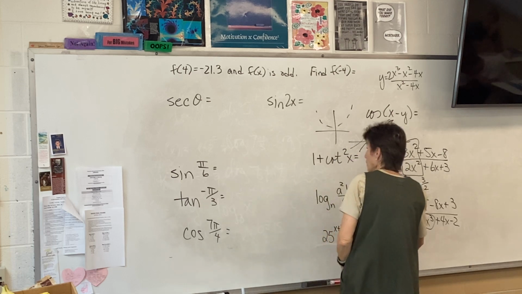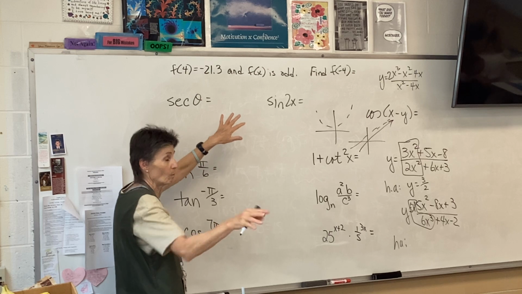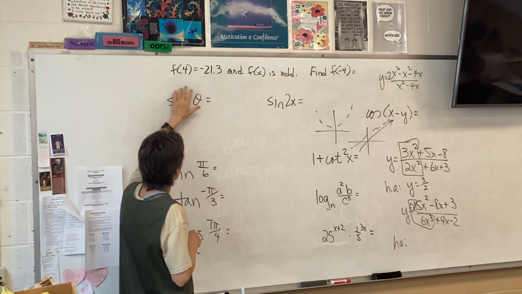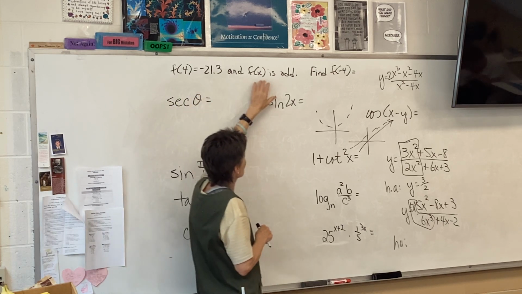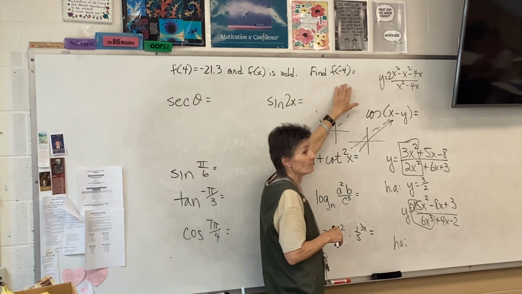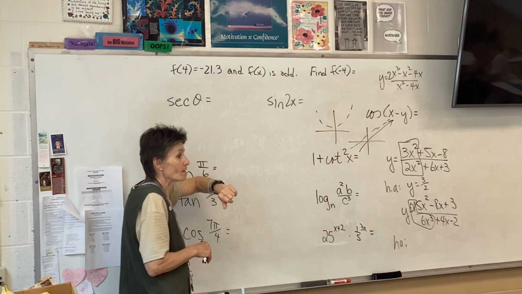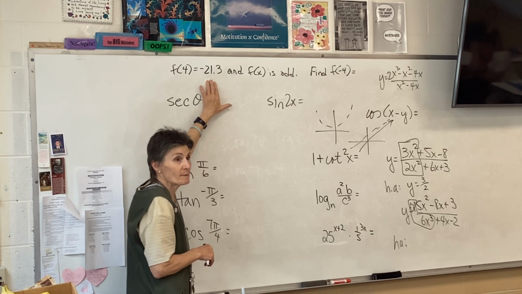Okay. Now I want to just pop in some quick review, and then we'll go back to what we learned here. Maybe I should do this tomorrow also, or whenever I see you again. If f of 4 is negative 21.3, and f is an odd function, what's f of negative 4? Positive 21.3. Because what does it mean to be odd?